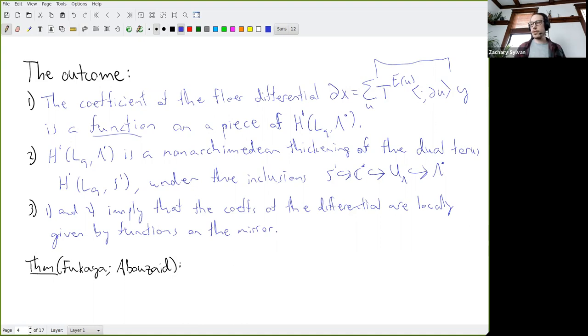Now, that's a local characterization of them. What's a global characterization of them? That's a theorem, or a combination of theorems due to Fukaya and due to Abouzaid, that says that, in fact, they're module maps.